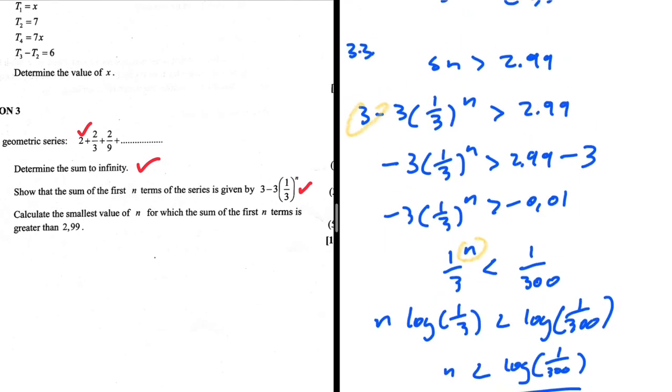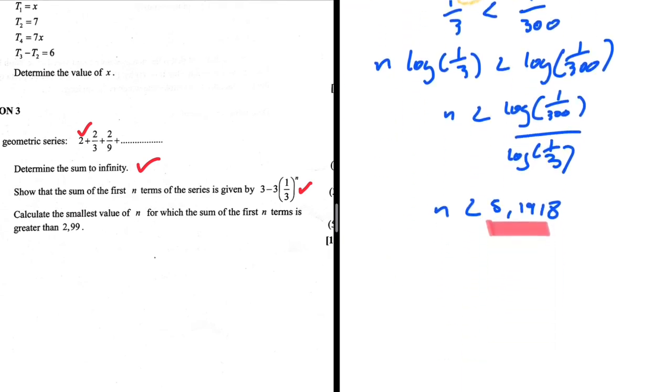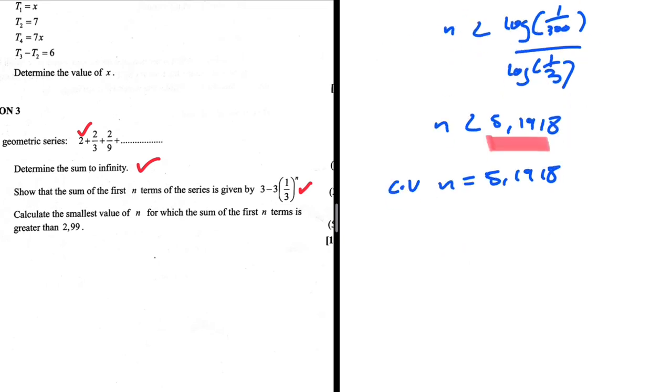Should I have said critical values and change the inequality sign to an equals sign and then figure it out manually? Okay, let me just say that critical value n is equal to 5.1918. Now I will figure out whether I want my n to be greater than 5 or less than 5. Well, my n to be 5 going down or my n to be 5 going up.